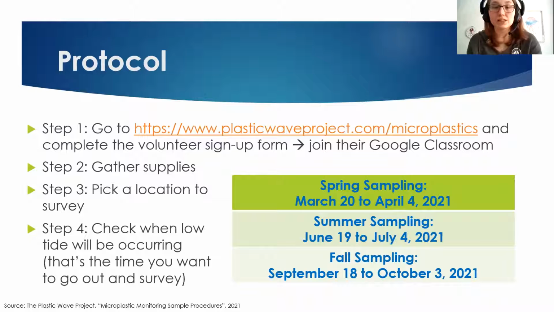If you're interested in this project, you'll get notified on the Google Classroom when their sampling season is every year. Their winter sampling season recently passed, and that's when I went out and did mine. And I'll be going out later this month to do my spring microplastic sampling.